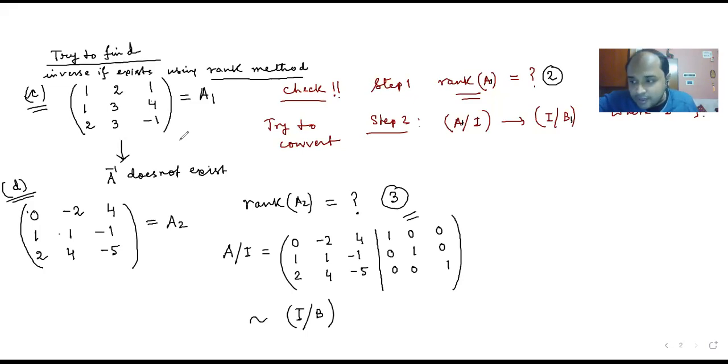Just a minute, someone has written Aniket Verma. Just a minute, Aniket. I hope that you have done it by elementary row operations. I believe you. If you have done it, you have done it correctly.